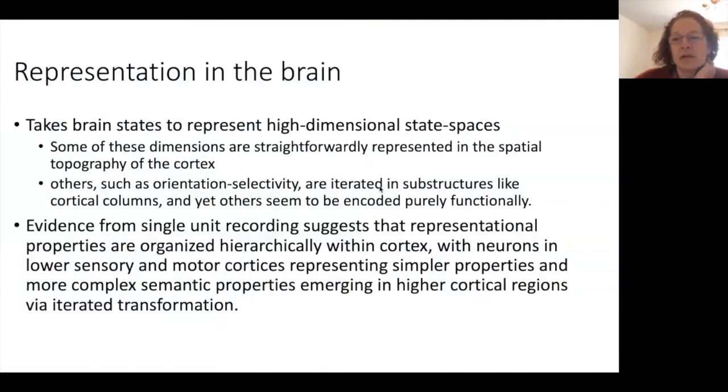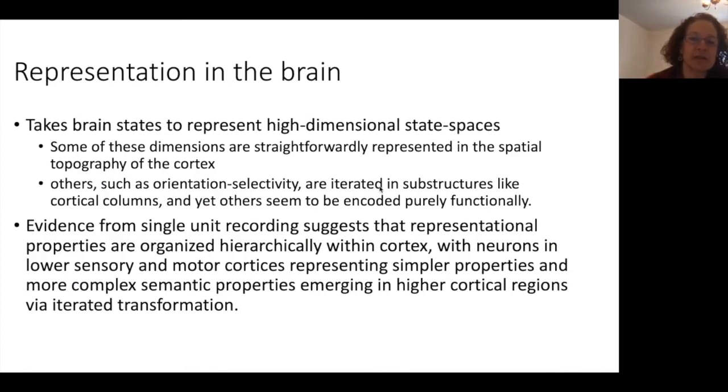So there have been, I think, advances in the way in which people have thought about representation in the brain, also largely motivated by advances in computational theory, where you can think of brain states as representing high-dimensional state spaces. And some of the dimensions can be easily mapped onto the cortex. So if you look at certain parts of cortex, you can see that there are dimensions of content that are just represented in the spatial topography.